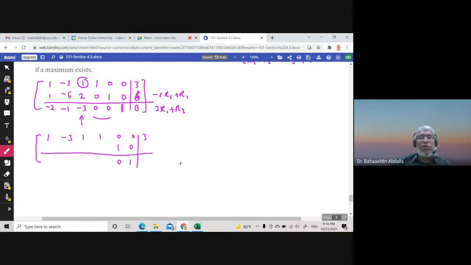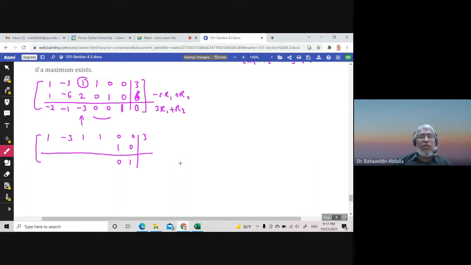All the zeros will not change, okay. The second, yeah, both will change. Okay, negative 2 R1, negative 2 R1 plus R2.